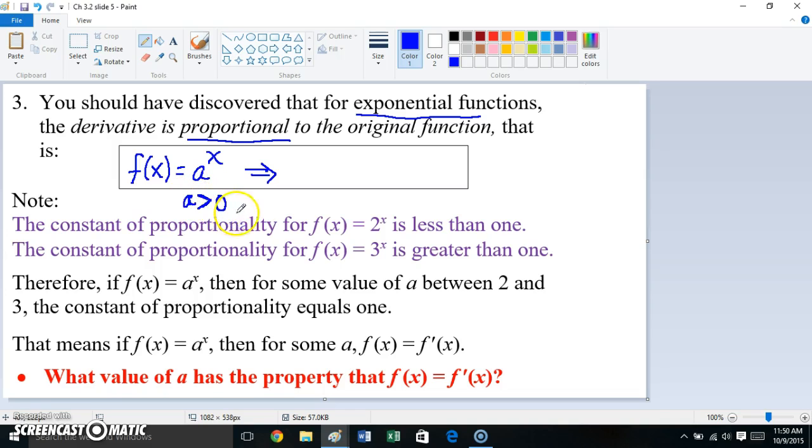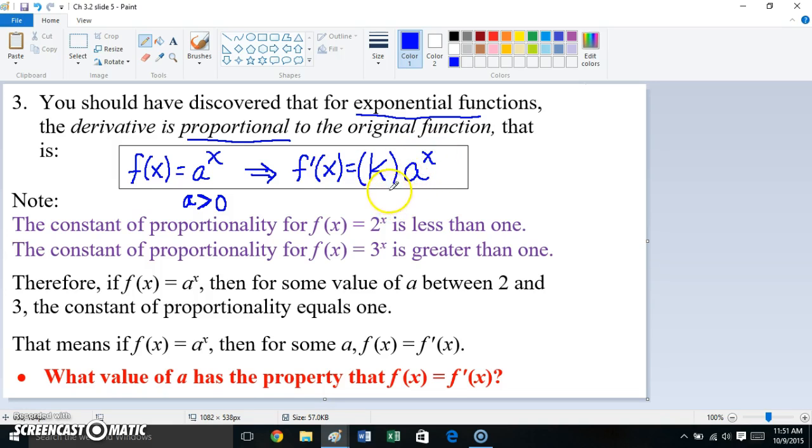For exponential functions, a is greater than 0. We know that the derivative is proportional to the original function. When we say proportional, we mean there's some kind of scale factor being multiplied by the original function.